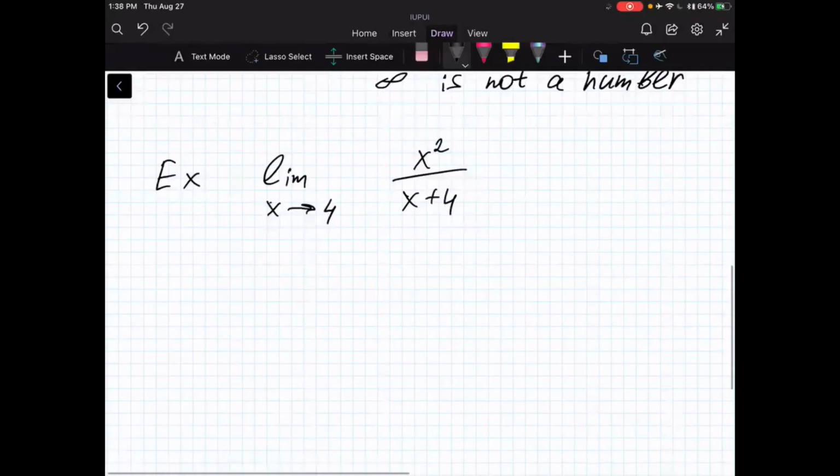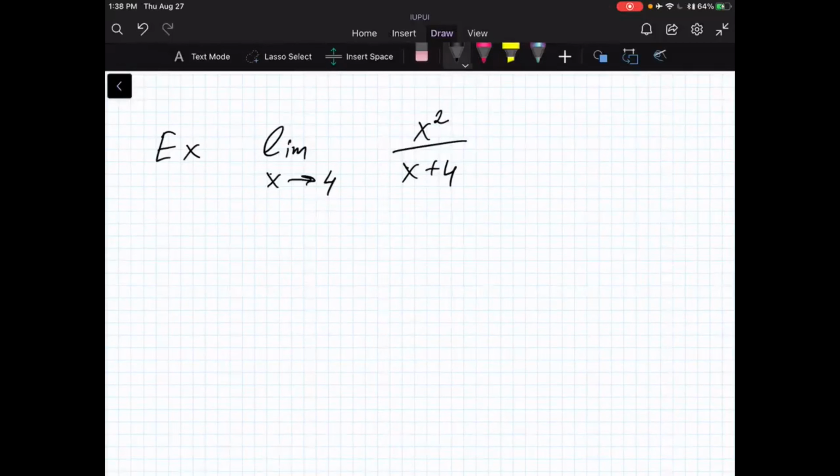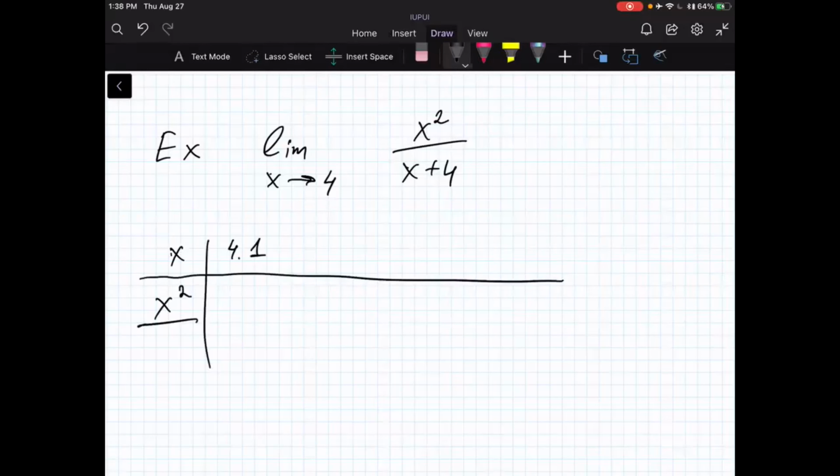And one way to do that is to just look at the numerical values. So suppose that x is 4.1, then you can substitute this value into your function and get that x squared over x plus 4 will be something like 2.1.